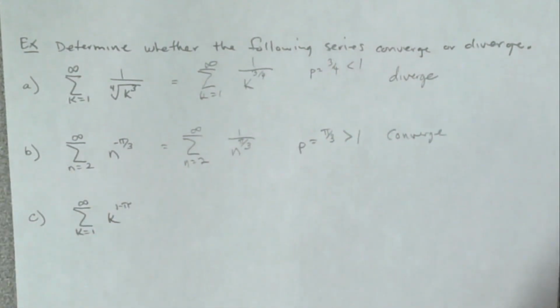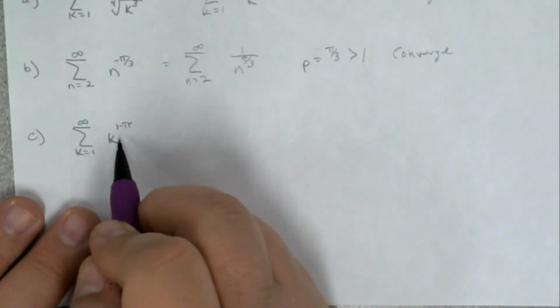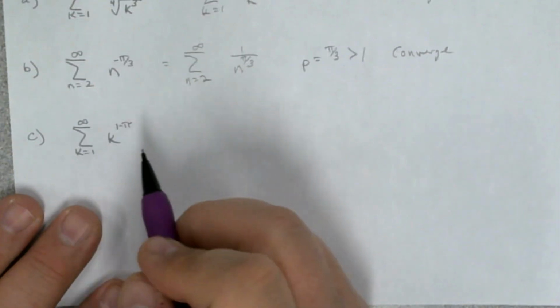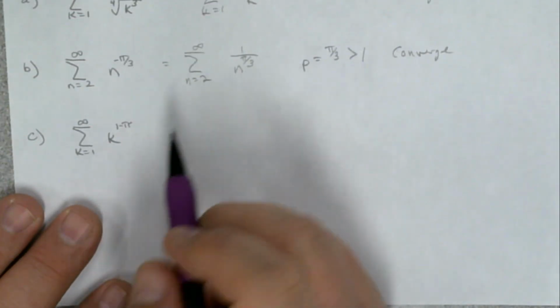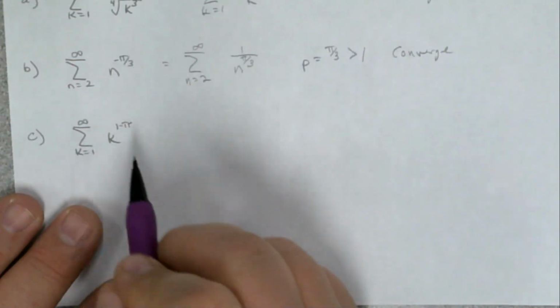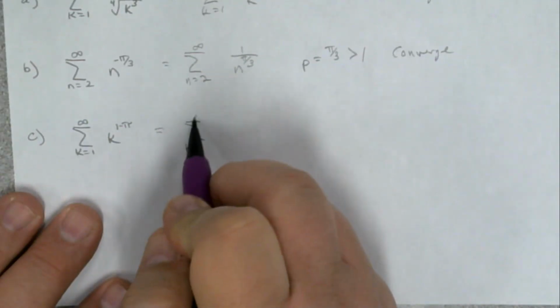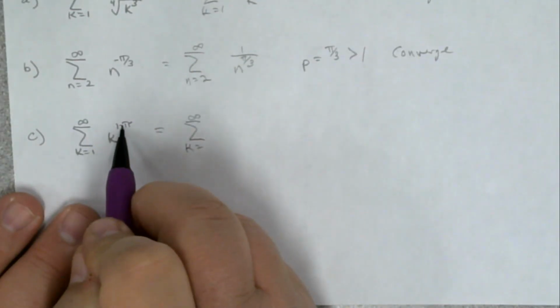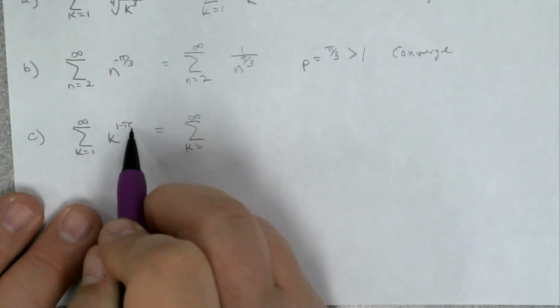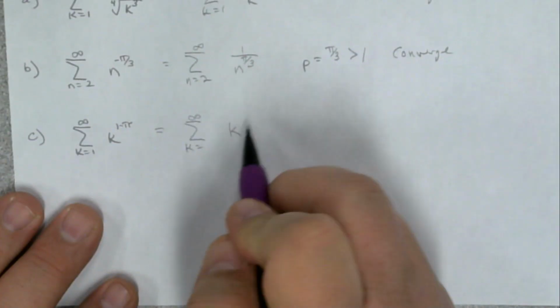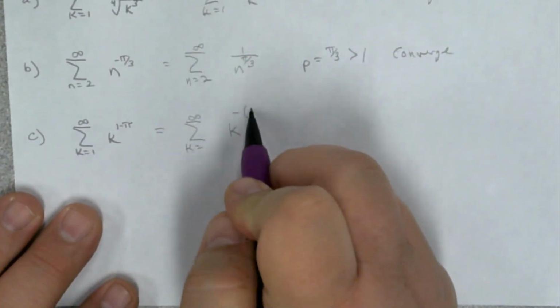Okay? This one's a little bit more tricky. Even though it doesn't look like it, and you think, well, maybe I can't put it in that format, a little bit of creativity goes a long way. Here it says 1 minus pi. Well, I can get the fraction if I can make this exponent negative, and I can do that by factoring out a negative 1.